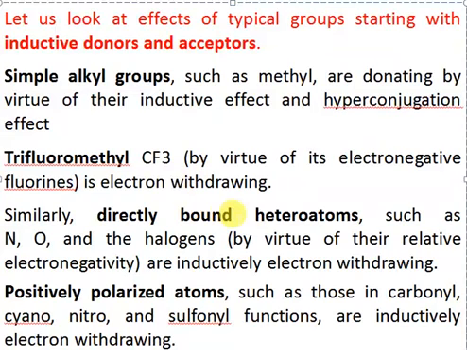Any heteroatom such as nitrogen, oxygen or halogen directly attached to the benzene ring, or positively polarizable atoms such as those of carbonyl, cyano, nitro, sulfonyl, are also withdrawing with respect to the inductive effect.